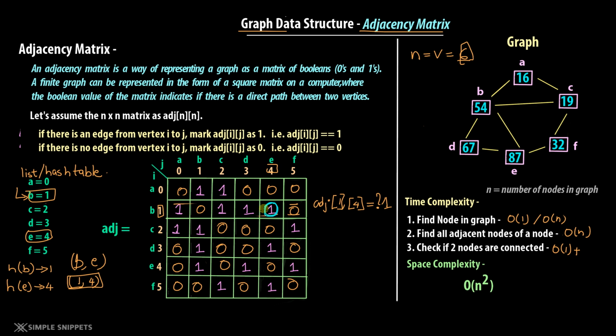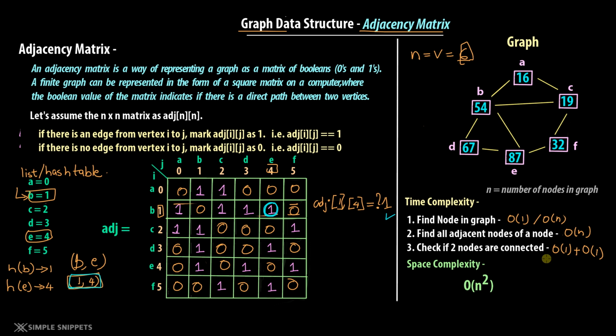This is that cell, correct? Is it a 1? Yes, which means that there is a connection. So again, this is also happening in constant time. You simply get the coordinates, or you can say index values, and directly jump to it. You don't have to traverse this entire row or entire column. You simply fetch these two indexes from the hash table for the particular vertices, directly jump to it and make that check. So again, this is also happening in constant time.